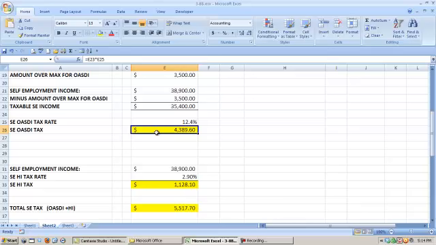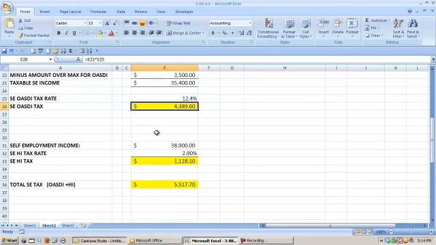So there are two parts to the self-employment tax: the Social Security portion, and the Medicare portion. Well, $38,900, remember, that's the full dollar amount that he netted, all of his receipts minus all the cost of doing business for his accounting practice. All of that is subject to Medicare tax, or the HI tax.